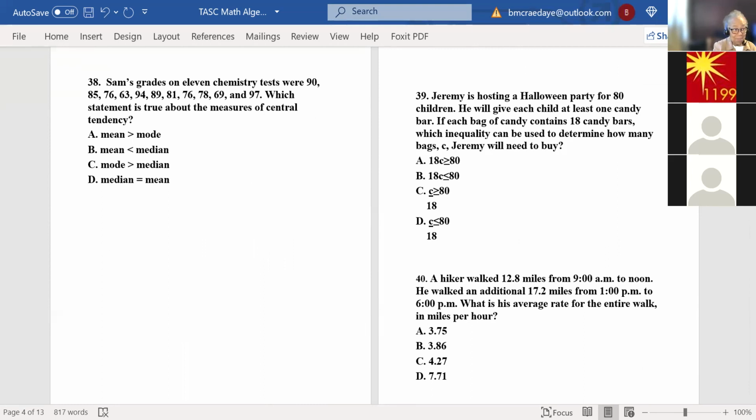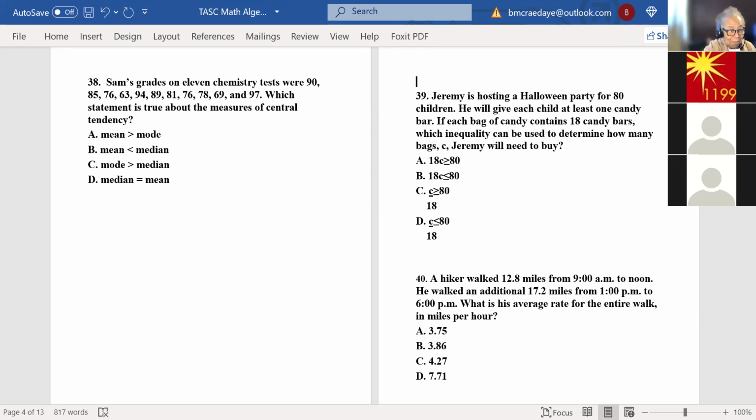Now to answer it, you're going to need the mean, the mode, and the median. You know how to find mean, mode, and median, right, Vanessa? Yes, no problem.